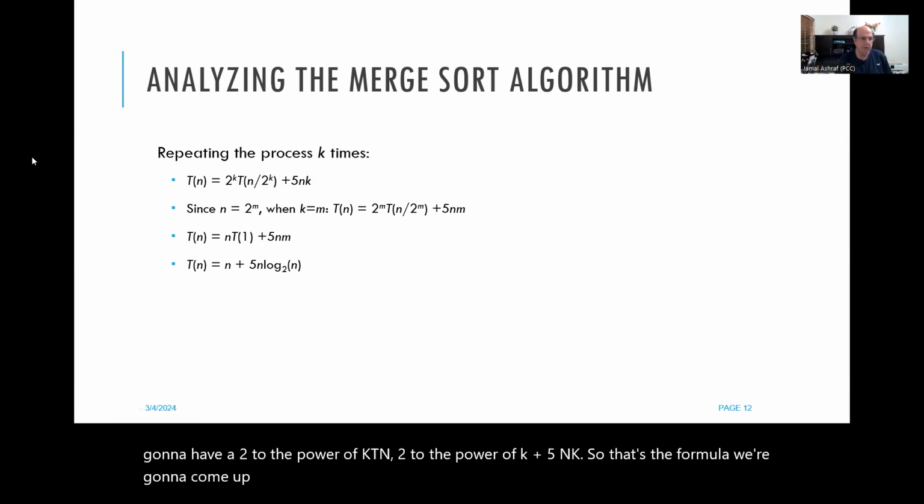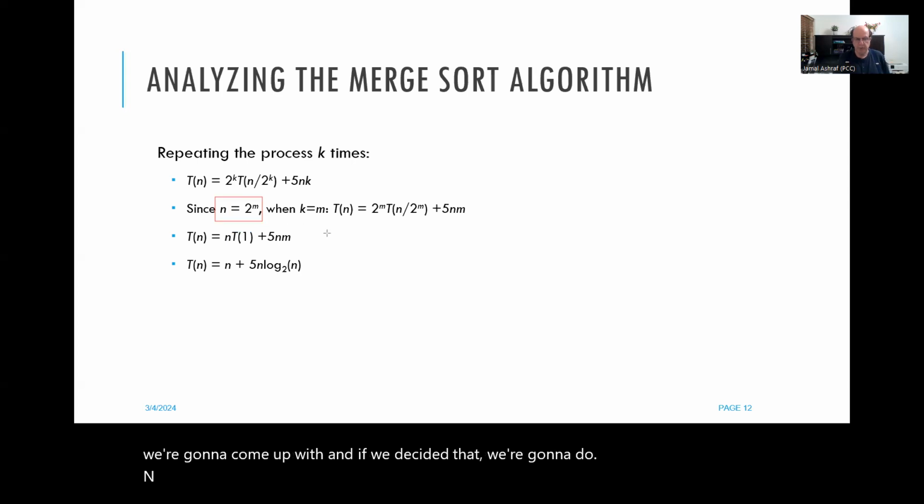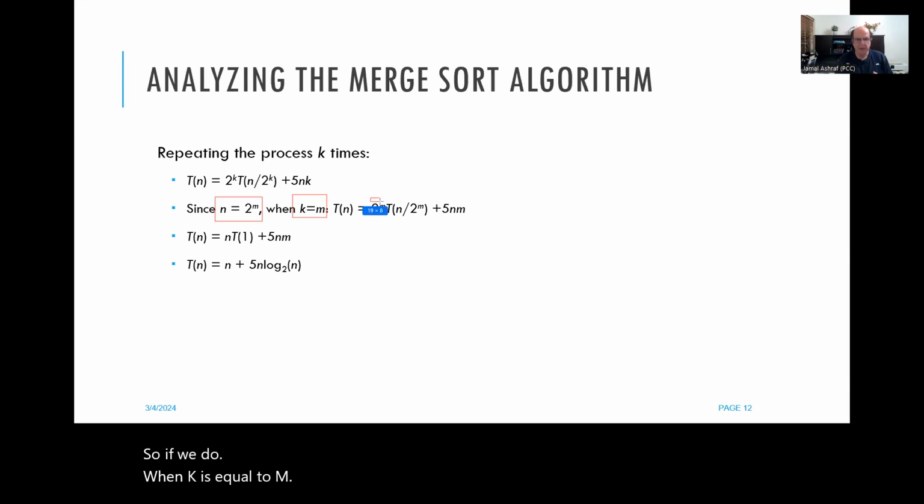If we decided that n equals 2 to the power of m, which we put at the beginning, then when k is equal to m, our n becomes 2 to the power of m, the 2 to the power of k becomes 2 to the power of m, and we have 5n and m.